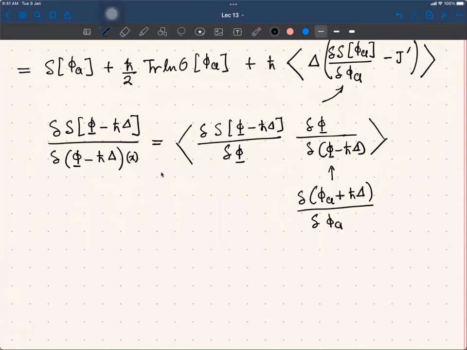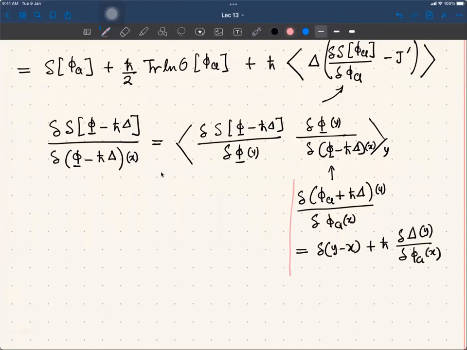Suppose this is X, a local field, and this is integrated over Y, so we are calculating this at Y and this at X. Then this is going to be del phi CL of Y over del phi CL of X, that is delta of Y minus X, plus h bar del delta of Y over del phi CL of X. This is the result I would get for the first factor.